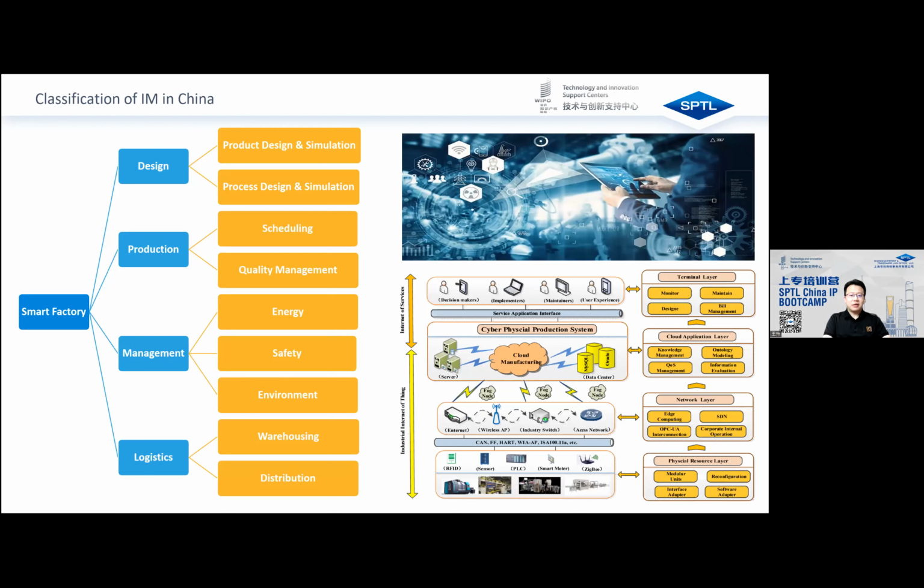All right, let me first make a further introduction to smart factory. As you can see, smart factory technology can be mainly categorized into design, product, management, and logistics. For each one, a further categorization could be established as shown on this slide.